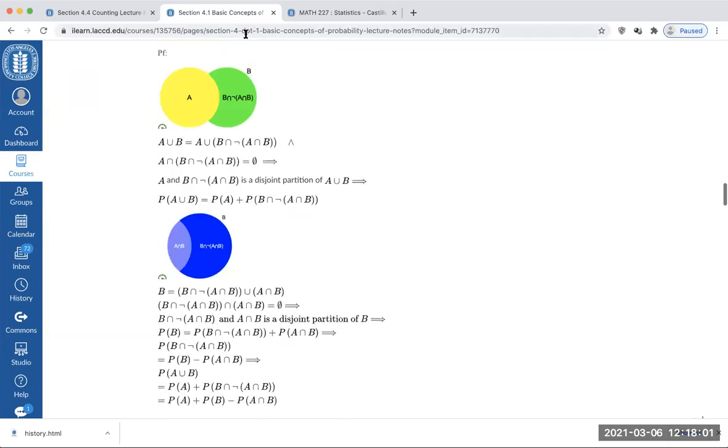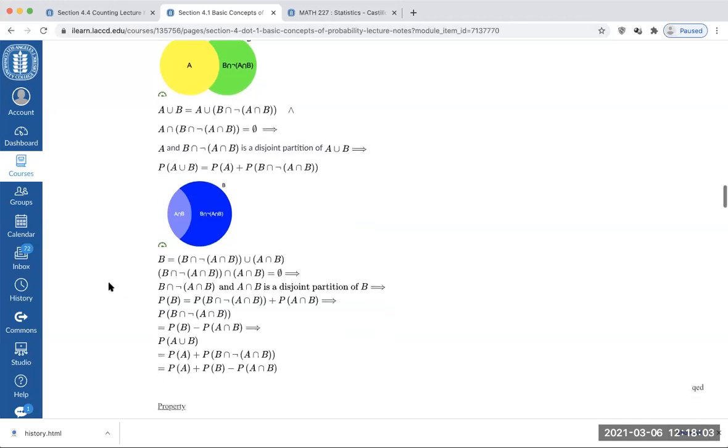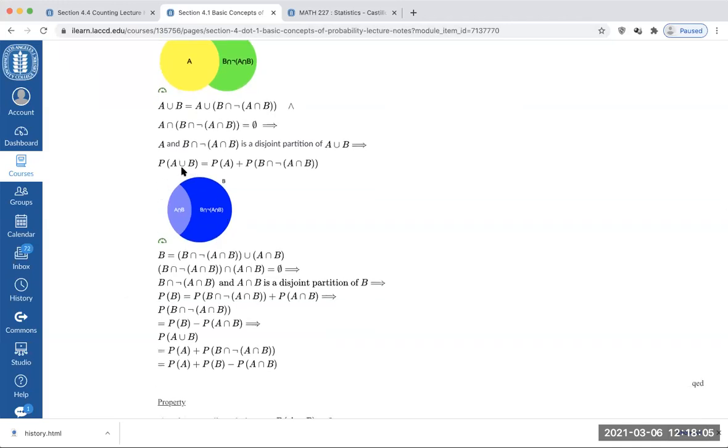So now let's look at B. B can be partitioned as follows: as A intersect B and as B intersect not A intersect B. So B is equal to (B intersect not A intersect B) union (A intersect B).